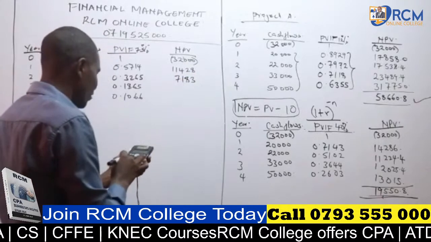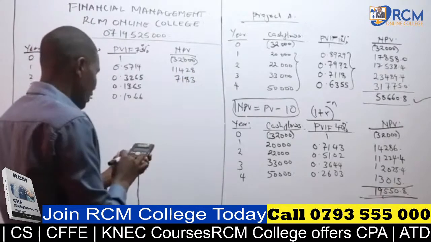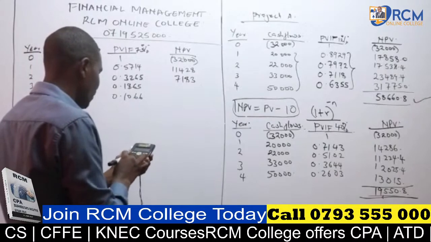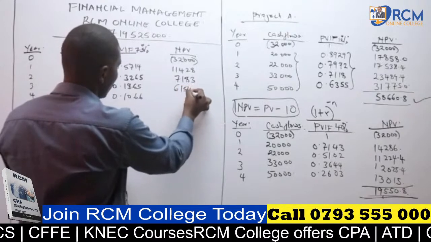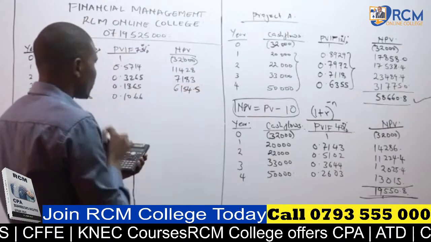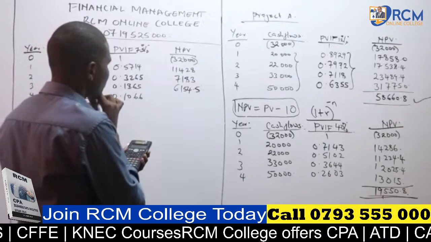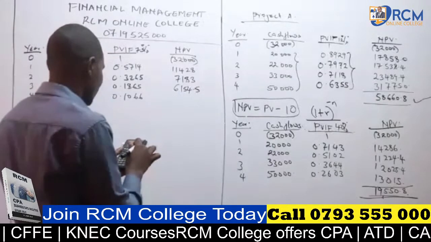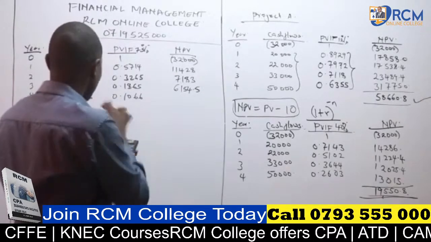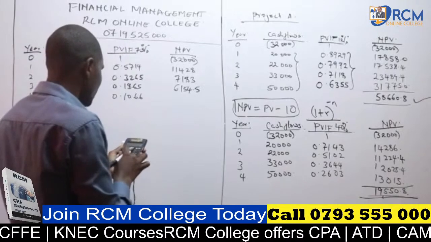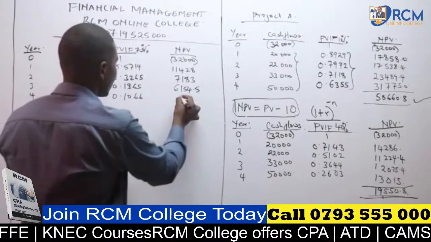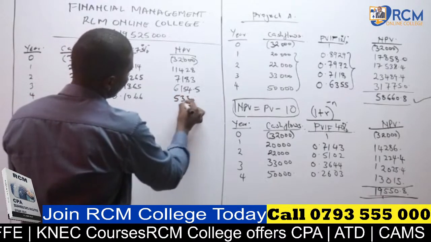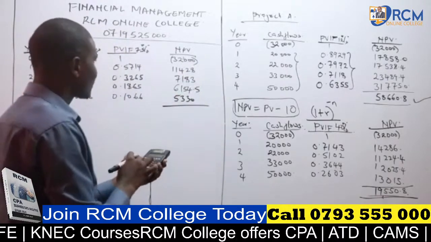Then we have 33,000 times 0.1865, which is 6,154.5. Then we're almost there. Then we have 50,000 times 0.1066, which is 5,330.